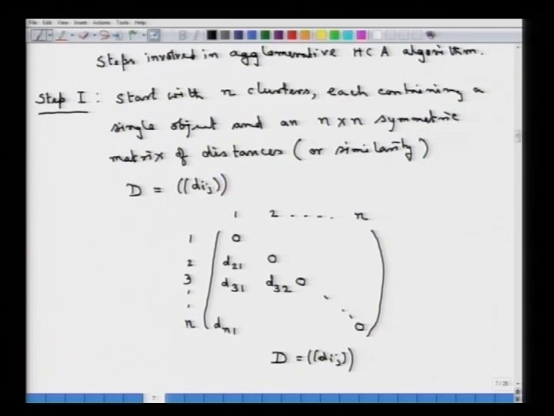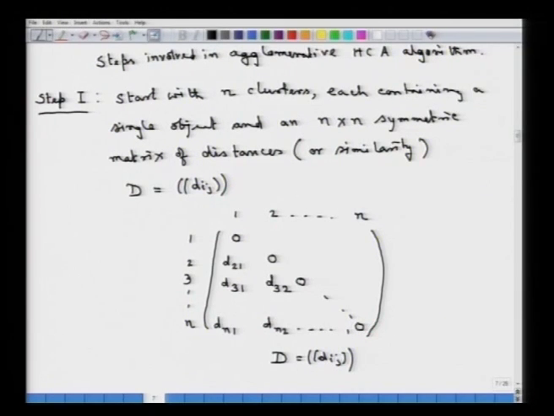So, this is the distance between the nth object and the first object, d_n2, and so on. This last entry would be d_n(n-1), the distance between the nth and the (n-1)th object. This is a symmetric matrix. So, exactly these entries find their place here, because the distance between 2 and 1 is the same as the distance between 1 and 2, the two objects.